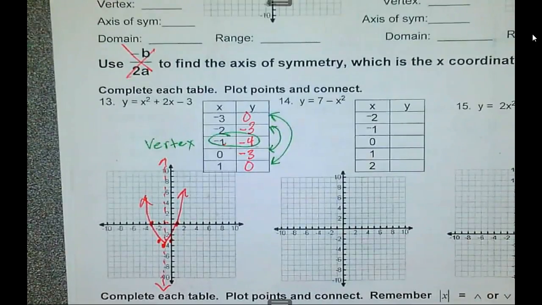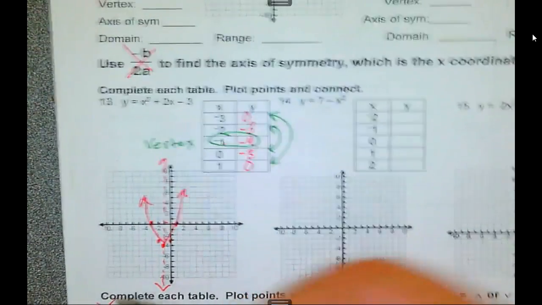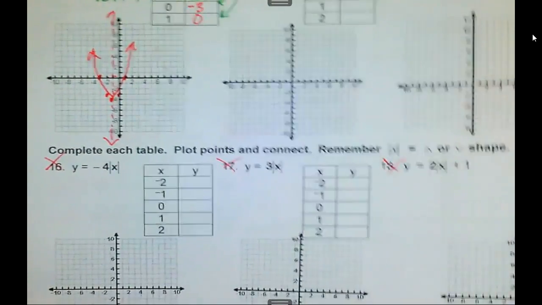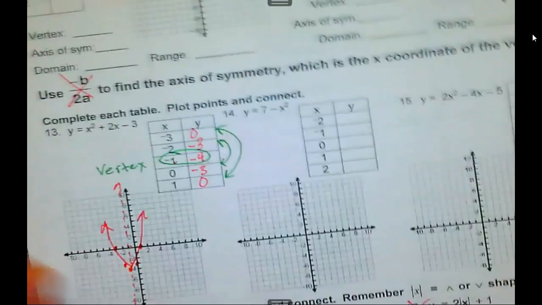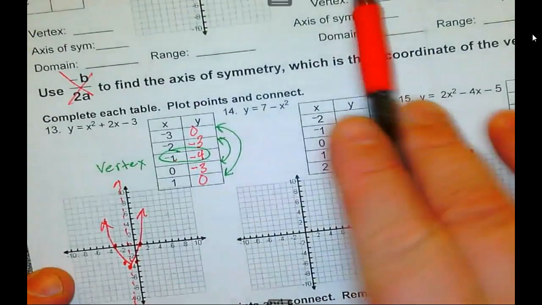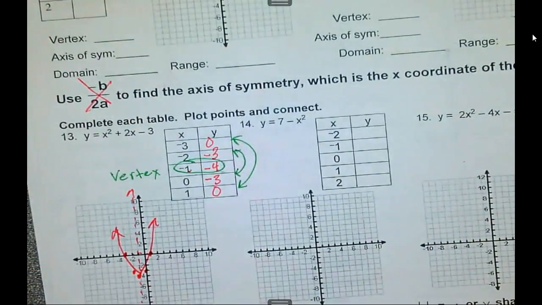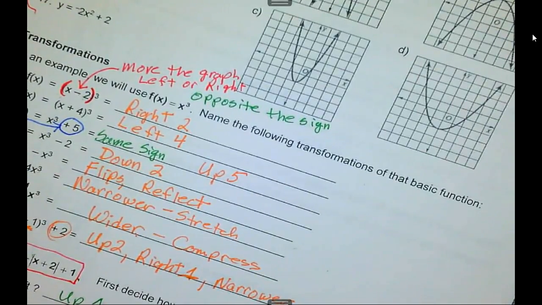Let's not do any absolute value yet. We'll get to that. So 16, 17, and 18 you don't have to do. And we're good. So you only have 1, 2, 3, 4, 5, 6, 7 problems due.